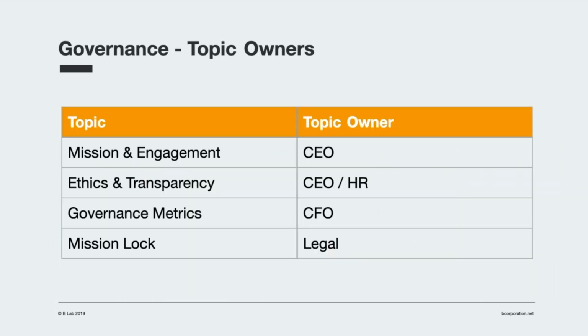The impact area governance consists of 4 topics, specifically mission and engagement, ethics and transparency, financial metrics, and the mission log. To answer the questions in this impact area, you should include the CEO and CFO of your company, as well as the HR and legal department to a lesser extent.